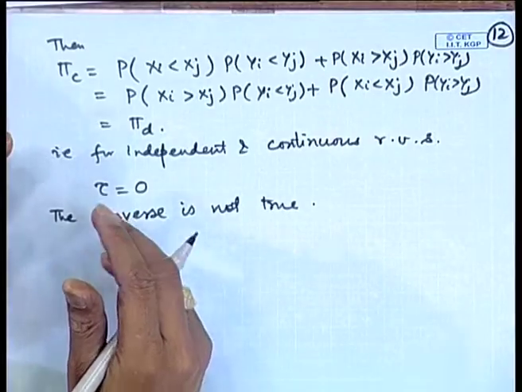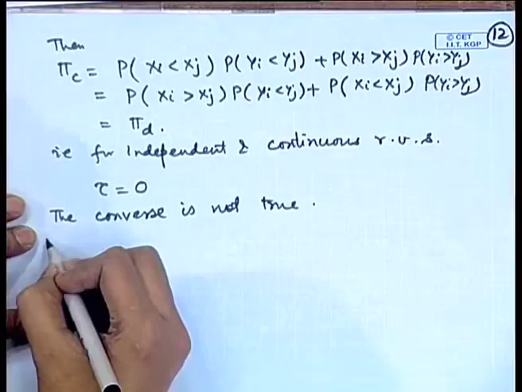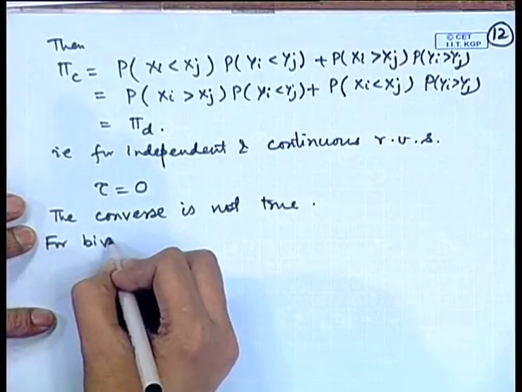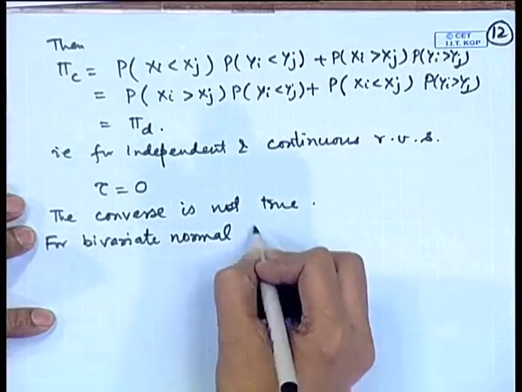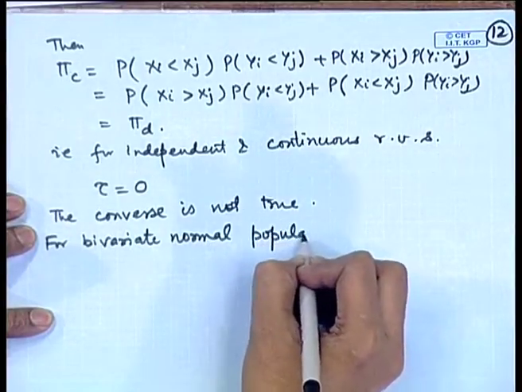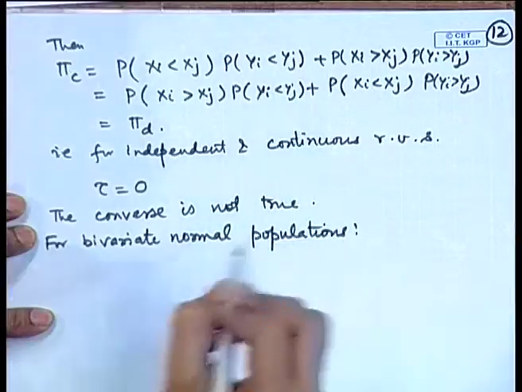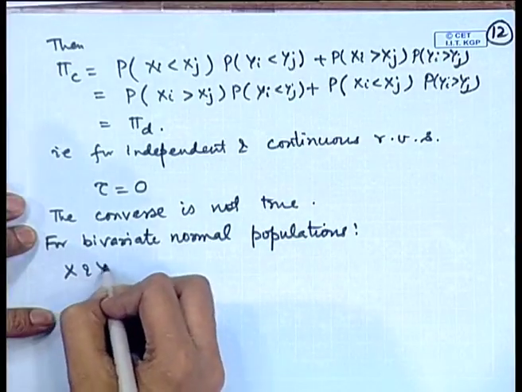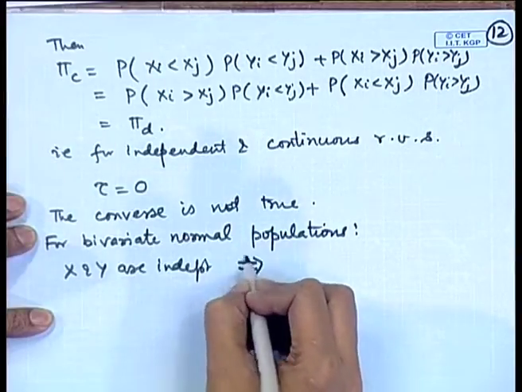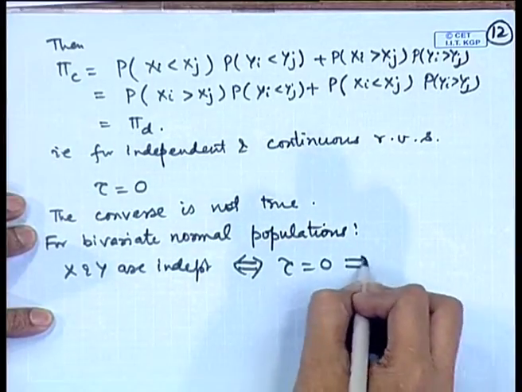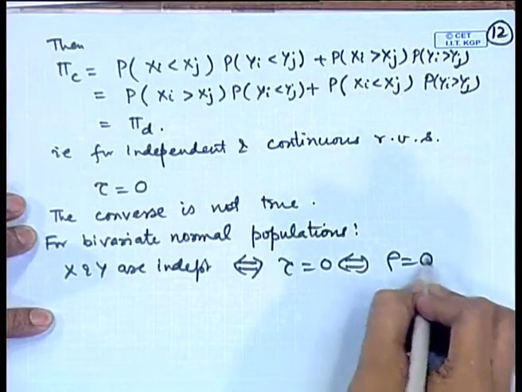The same thing is true here also. For bivariate normal populations, x and y are independent if and only if tau is 0, if and only if rho is 0.